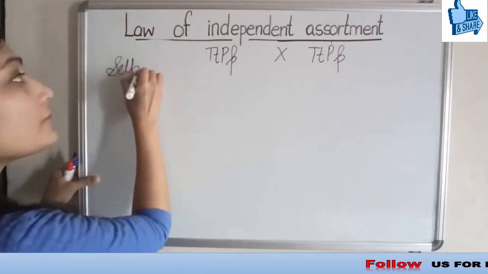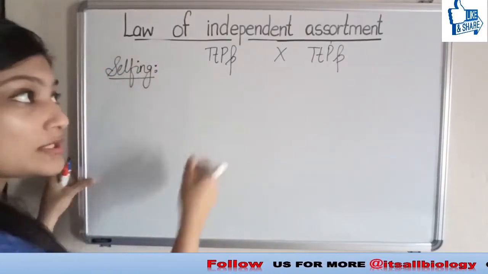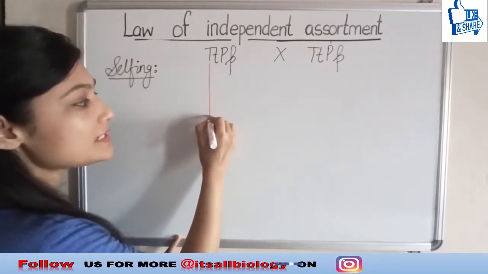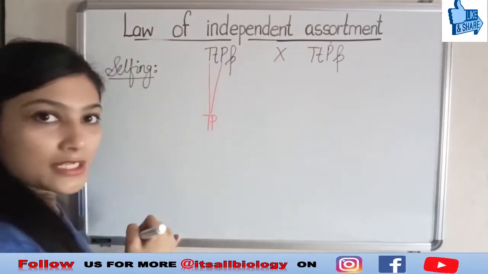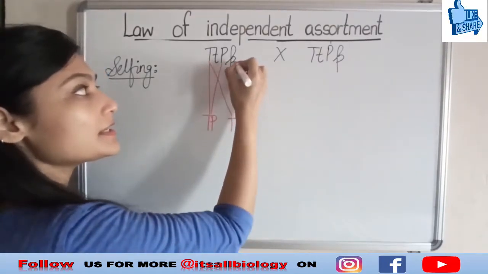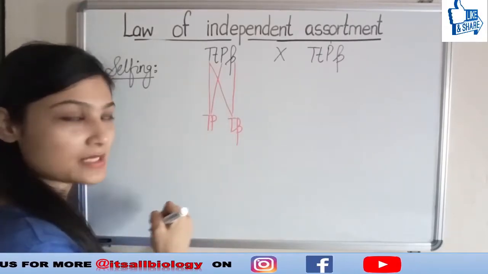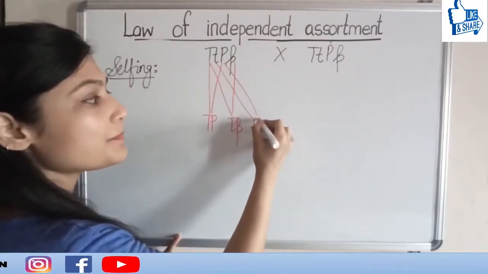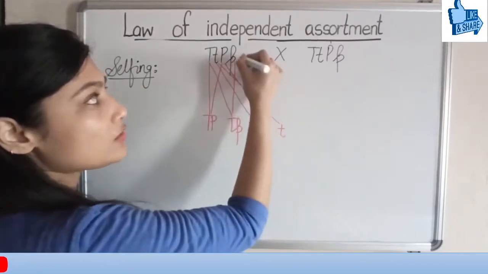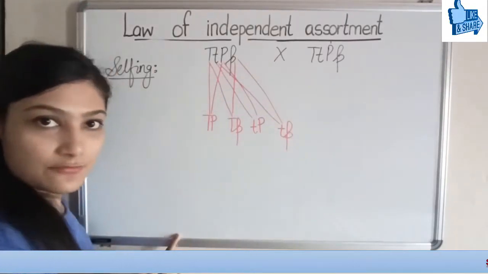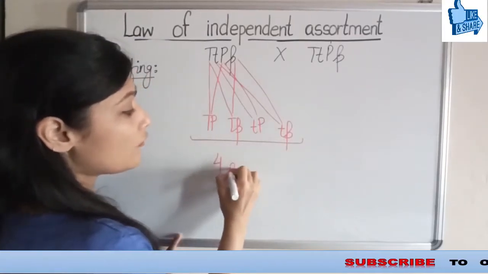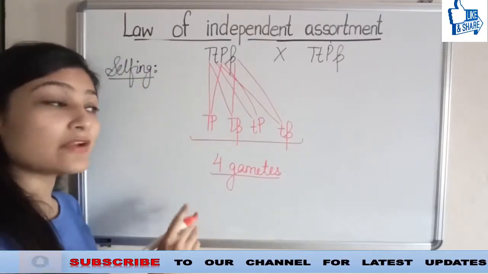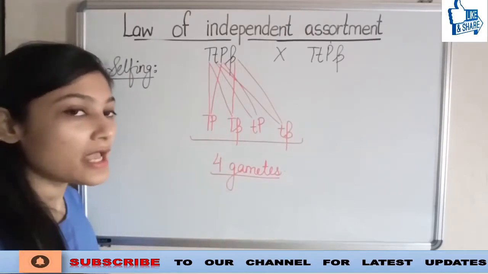After selfing, the possible gamete formation for the F2 generation is: dominant T can go with dominant P, dominant T can also go with recessive P, recessive T can go with dominant P, and recessive T can go with recessive P. So these are the four gametes that we will use for plotting the Punnett square for the F2 generation, just like we did in the F1 generation.